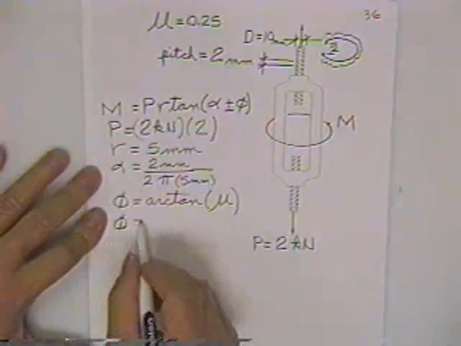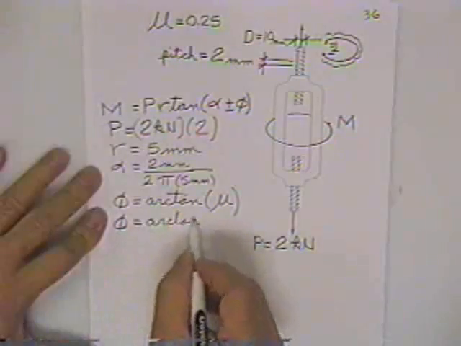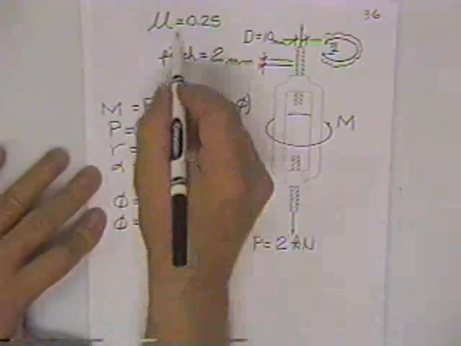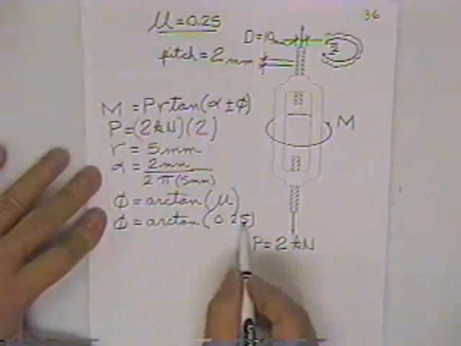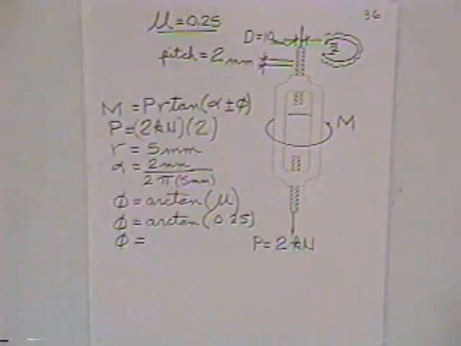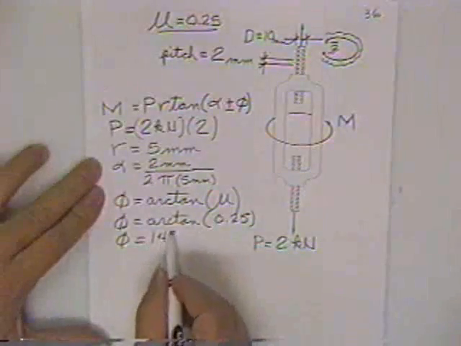In our case, phi is the arc tan of 0.25. That's the specified coefficient of friction, and that angle is equal to, we went ahead and worked it out, 14 degrees.